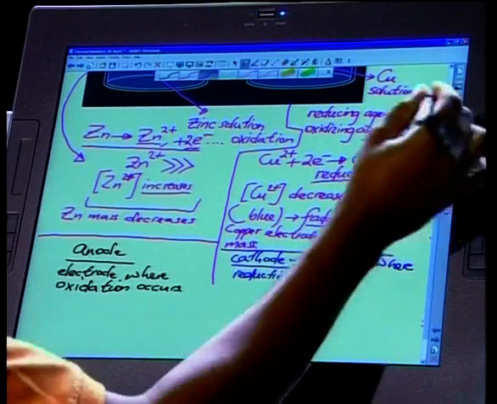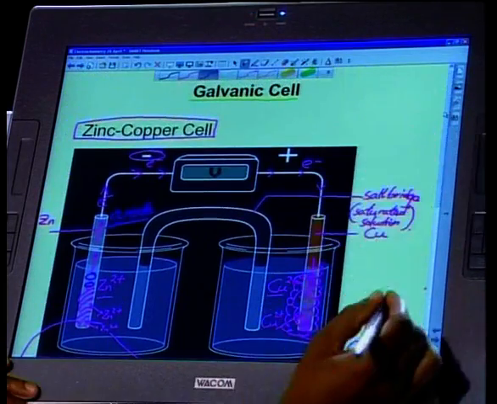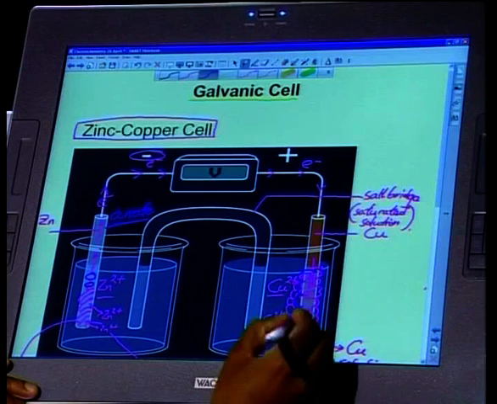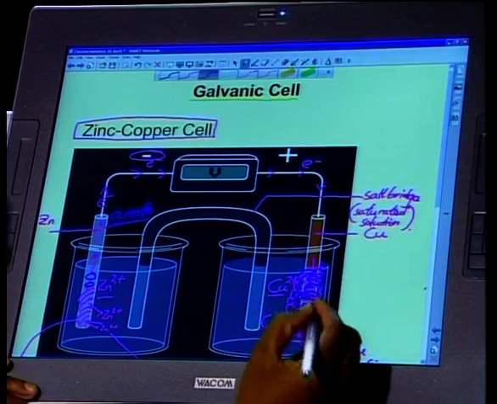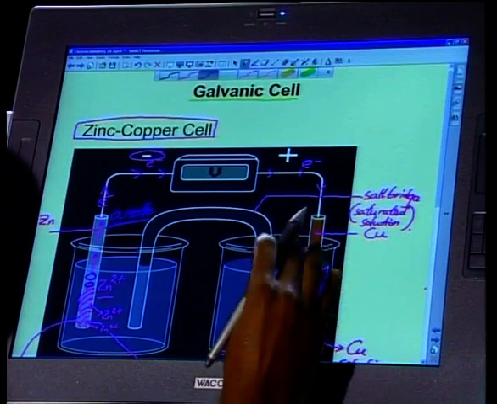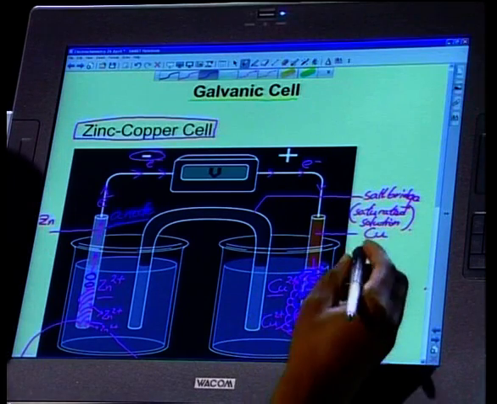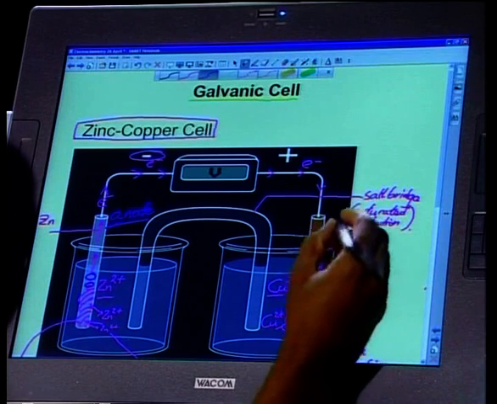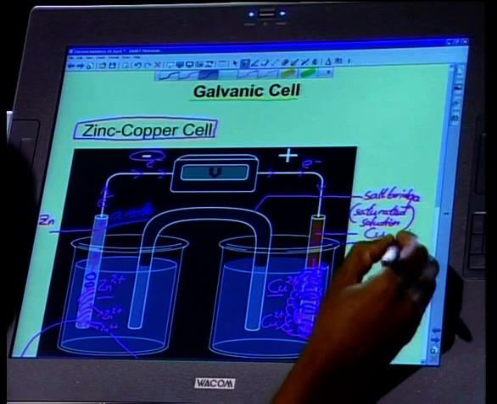We saw reduction taking place on the copper electrode. This is where we're seeing copper being formed, the Cu2+ ions gaining electrons and forming a mass of copper on that copper electrode. So this one becomes our cathode. So this copper electrode is the cathode.